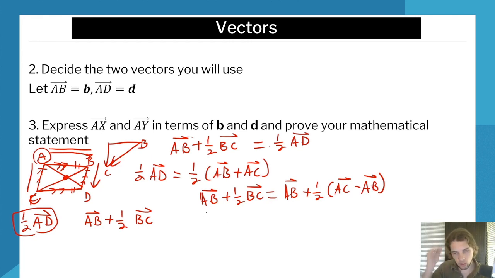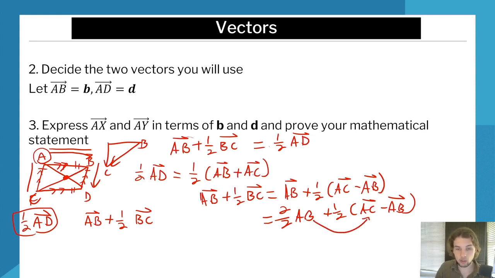So we've put everything in terms of these lines, and then we can start to see how we're getting somewhere. So we have 1/2 A to D equals that, and now we can figure out this. We can do 2/2 A to B plus 1/2 (AC minus AB). What this does is allow us to move this AB into the brackets because we want to get this expression to look like this expression.